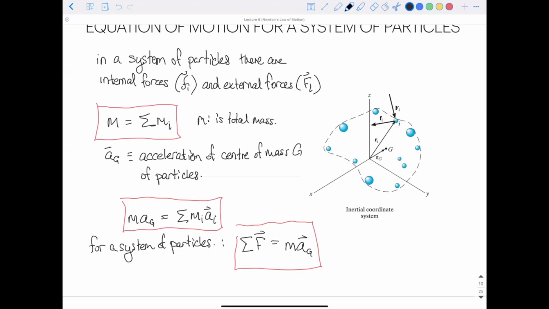If we were to model the motion of this cluster, then any external forces acting from outside that system would be the only forces we need to consider to determine where the center of gravity of this system is going to be moving. And this will come into play much more when we get into studying the motion of multiple particles, when we look at conservation of momentum, conservation of energy, and particle collisions.